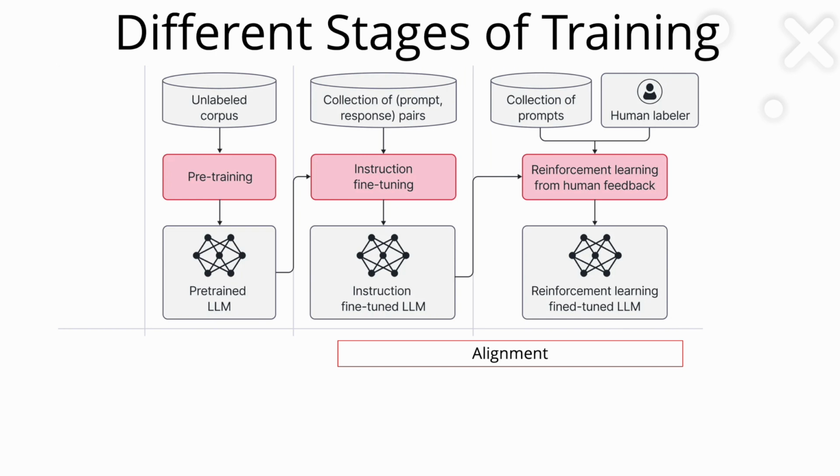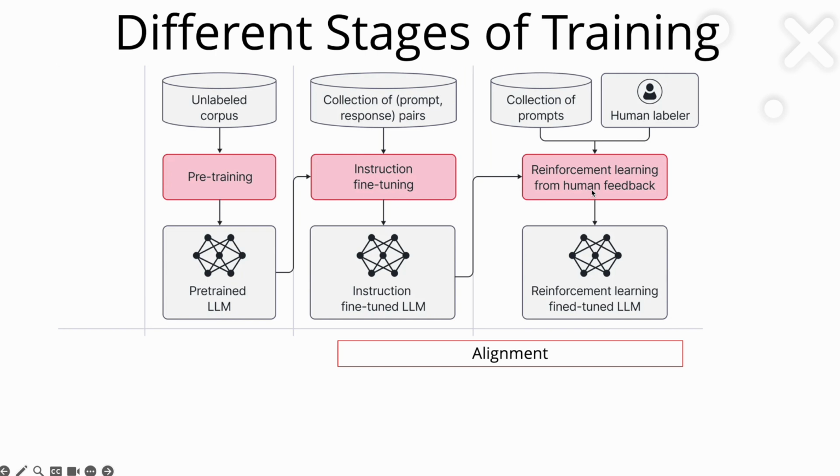Whenever it generates a bad response, like hateful or toxic comments, it is given a penalty so that in the next iteration the model should not generate such responses, and that is done with human interaction. That's why they call it human feedback.